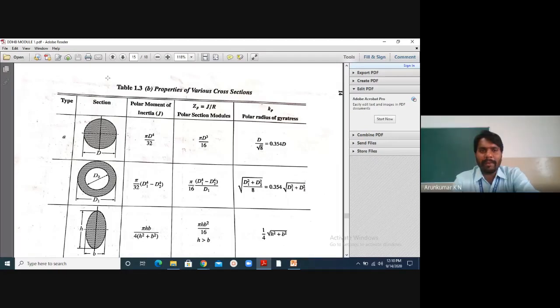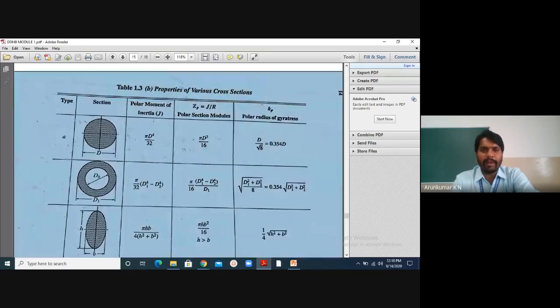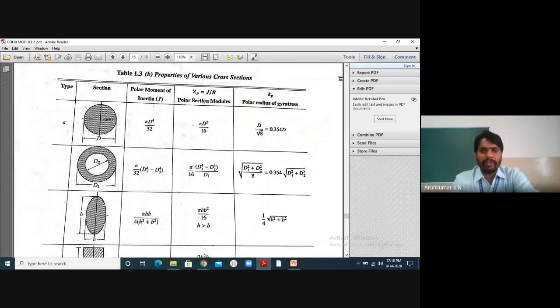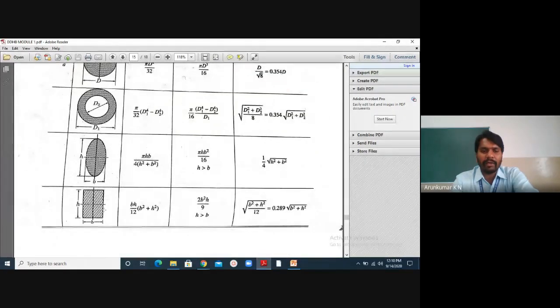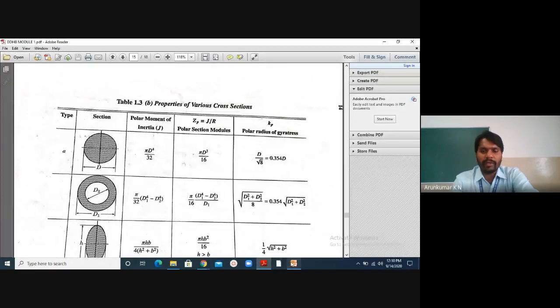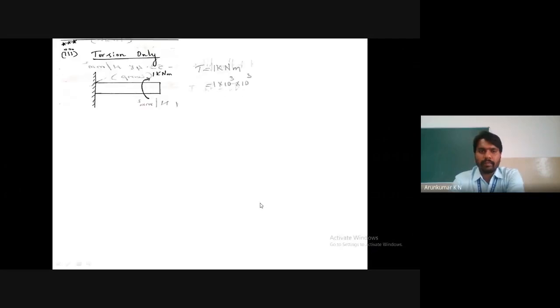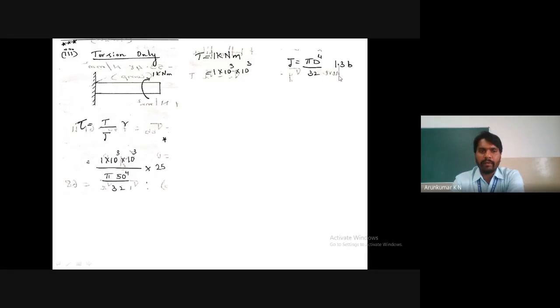Yeah, look at this. You need to go to table number 1.3a for moment of inertia and 1.3b for polar moment of inertia. For circular it is pi d to the power of 4 by 32. If you want the polar section modulus, it is J by R. The equations are available for ellipse and rectangular sections too. So J is given by pi d to the power of 4 by 32 from table 1.3b.